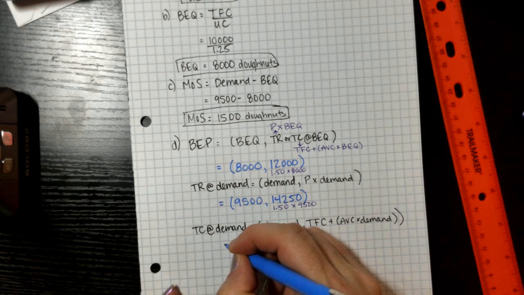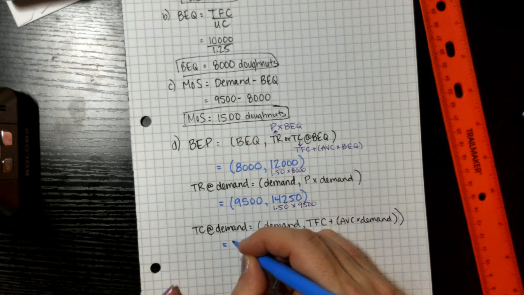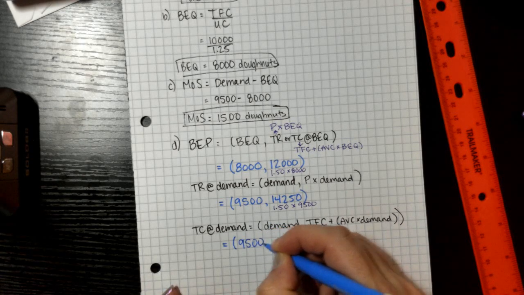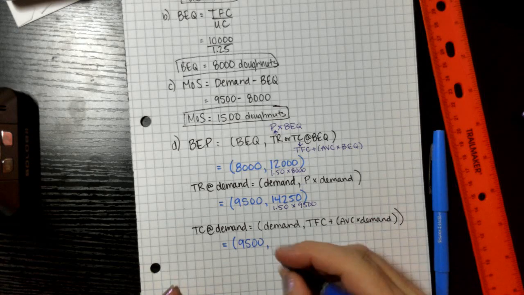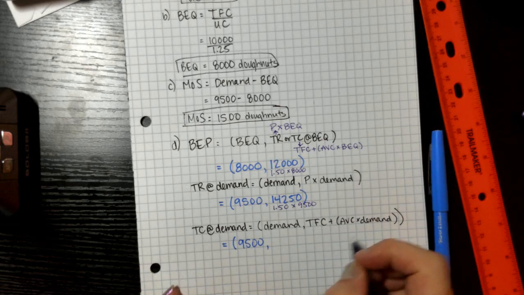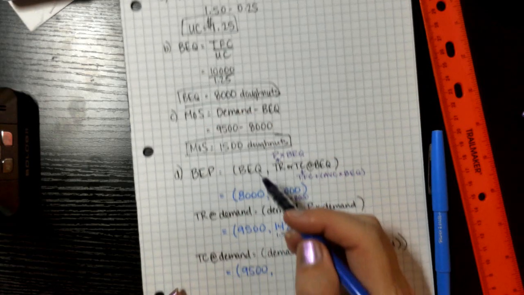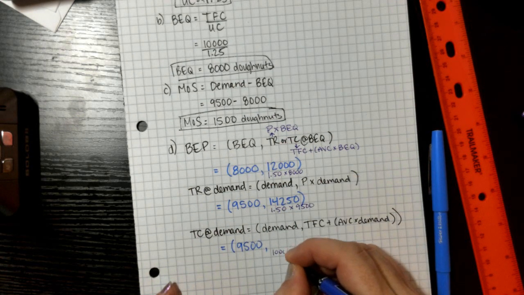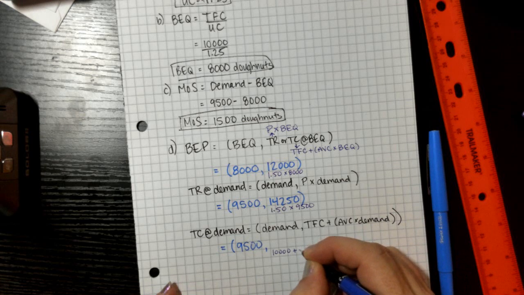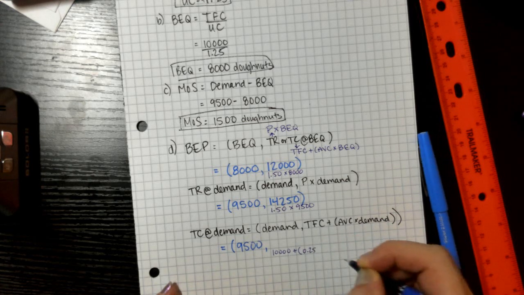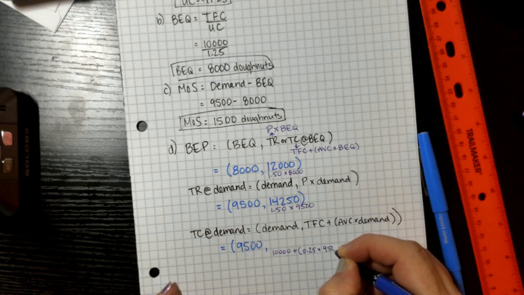Lastly, we have total cost at demand. Again, our x-axis value remains demand, 9,500, and our y-axis value is going to be total fixed cost plus average variable cost times demand. Our total fixed cost was 10,000, plus the average variable cost, which was 25 cents, times demand, which is 9,500.